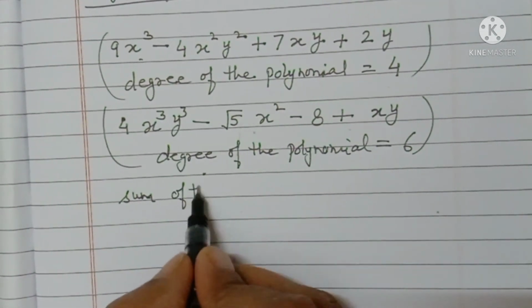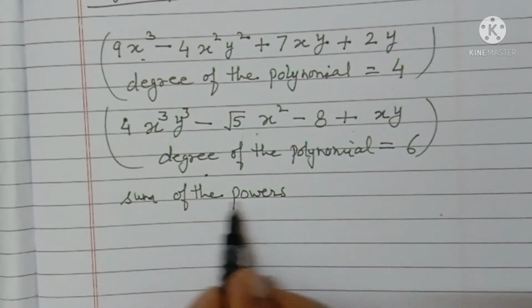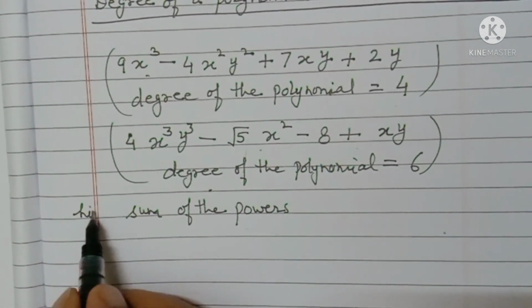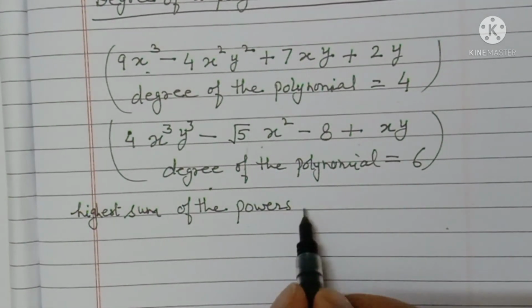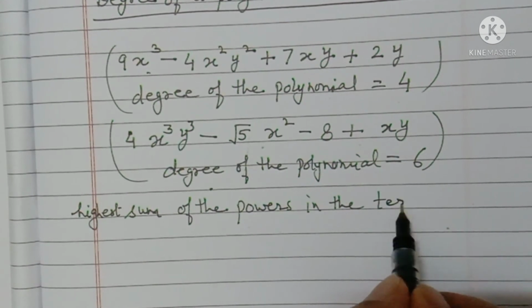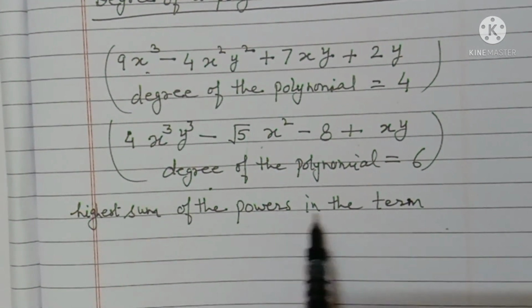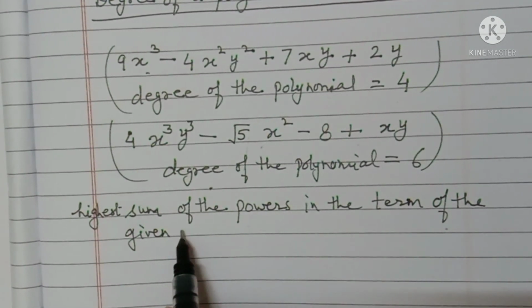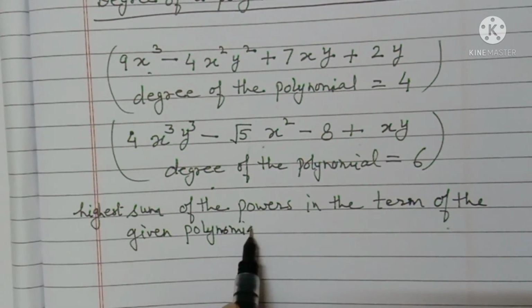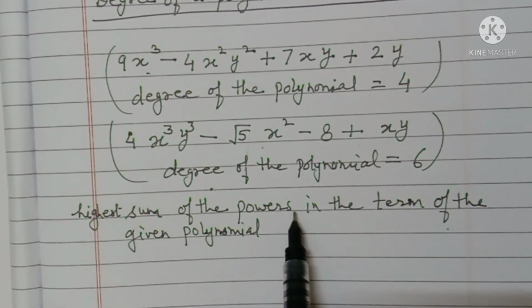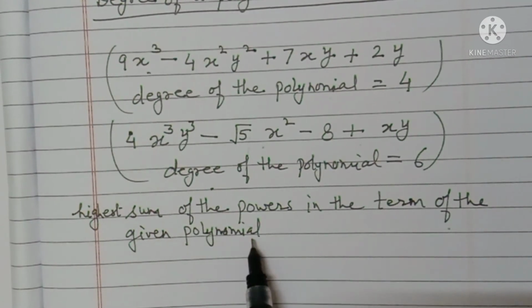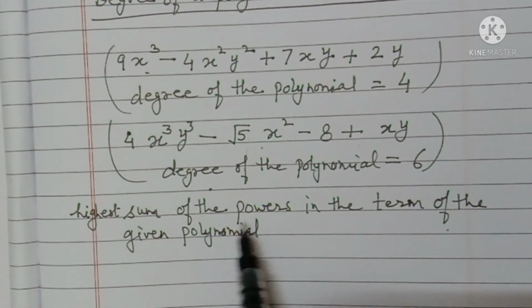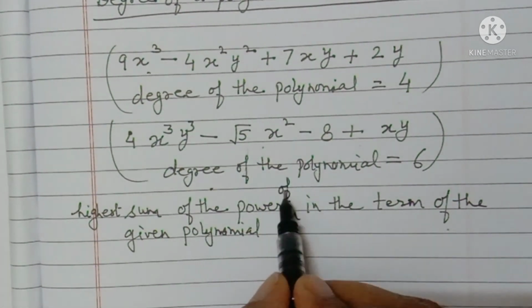The degree is the highest sum of the powers of the variables in a term of the given polynomial.